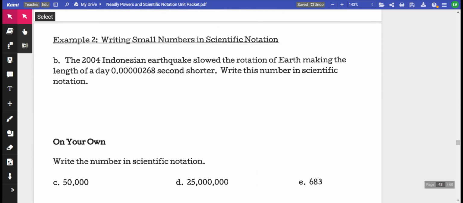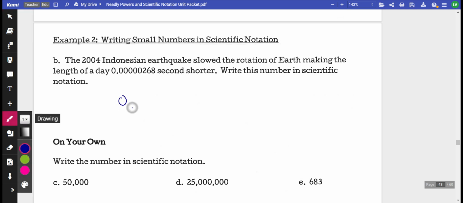So example 2, we're going to write small numbers in scientific notation. In 2004, an Indonesian earthquake slowed the rotation of the Earth, making the length of a day 268 billionths of a second shorter. So we're going to write this number in scientific notation. I'm going to rewrite it: 0.000000268.